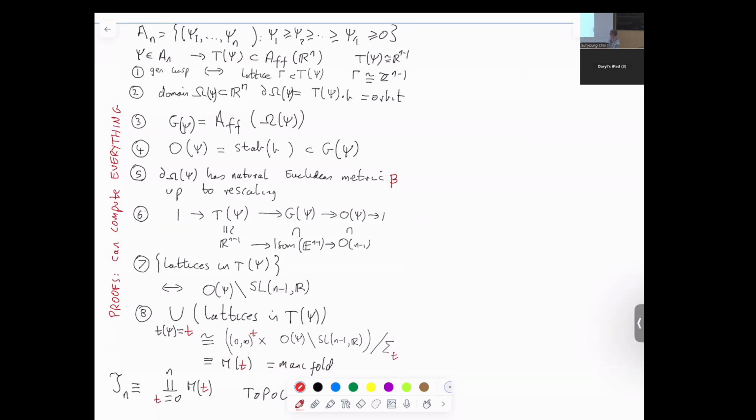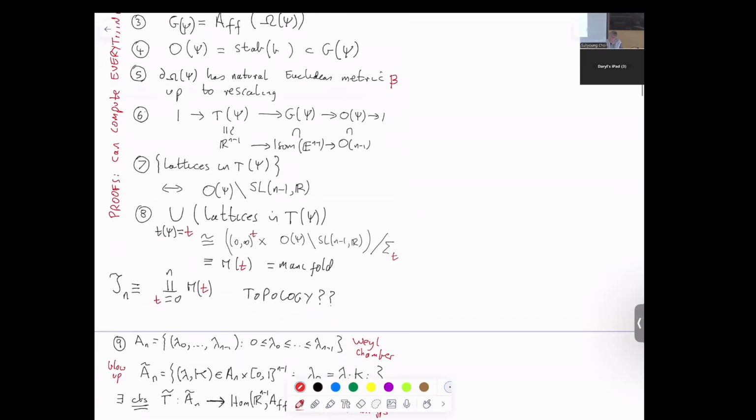So this permutation group acts on here. It also acts on here. It ends up being a free action, and the quotient is a manifold. So at this point, one discovers that if you fix a type, then the set of moduli of fixed type is a manifold. And so the entire moduli space is the union of these manifolds. And the question was, is this Hausdorff? What's the topology on that union?